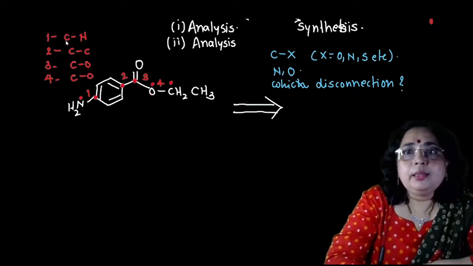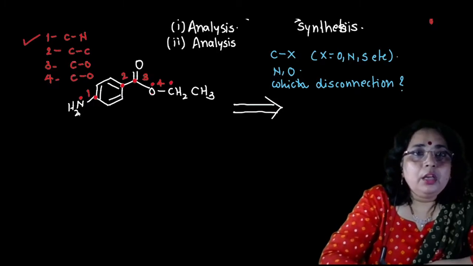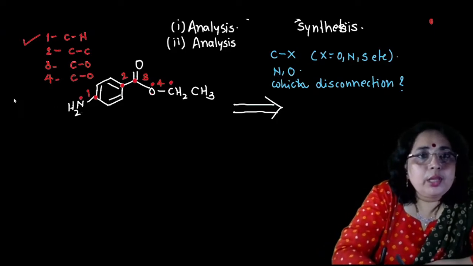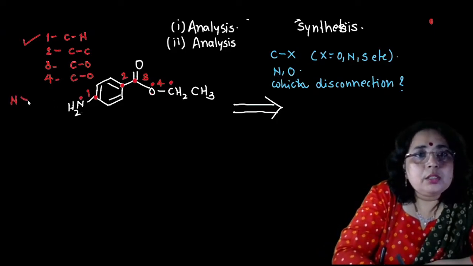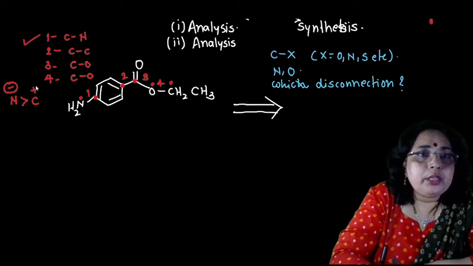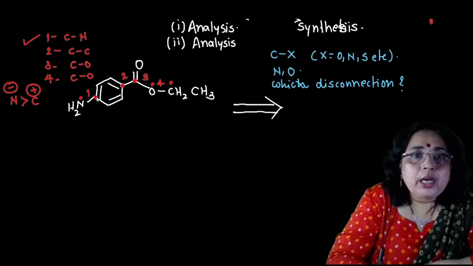Now, apply these logics to the first one. If I put a cut over here, what will be the synthon? As we know, nitrogen is more electronegative than carbon. So the negative charge will stay at nitrogen and the positive charge will be at the carbon atom.